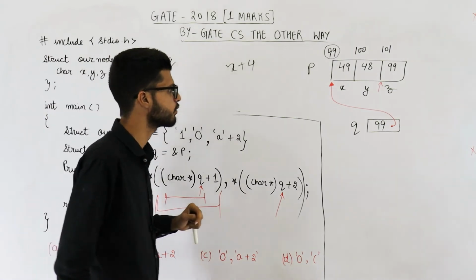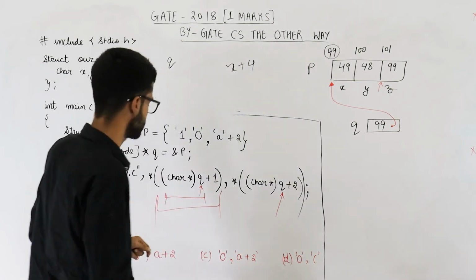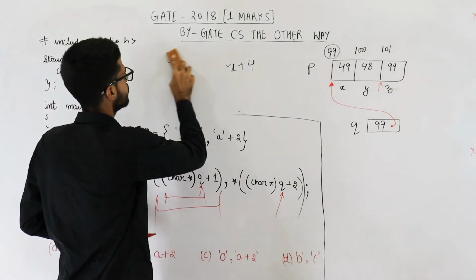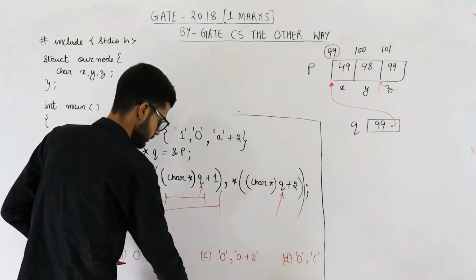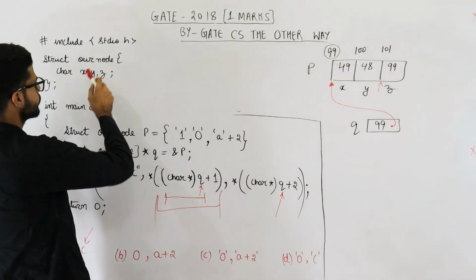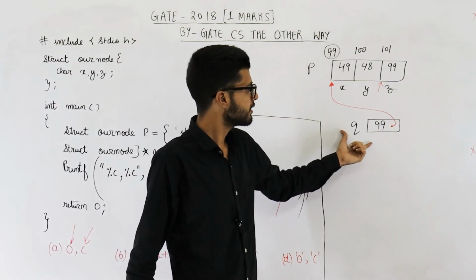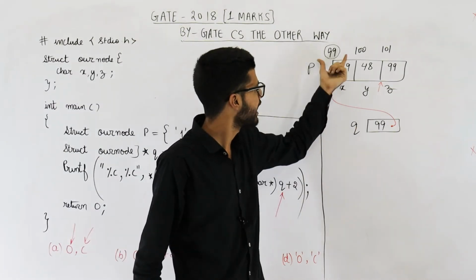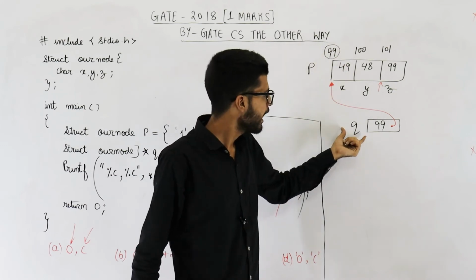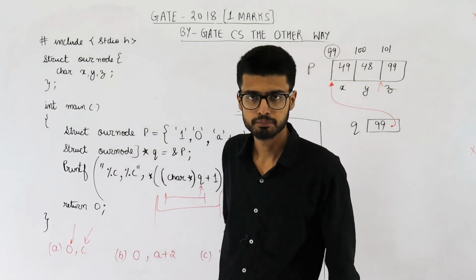One last point that I want to discuss, and this is the most important thing for this question. I'm going to discuss pointer arithmetic with respect to structures now. Q is address 99 and it is of the type struct Ournode.